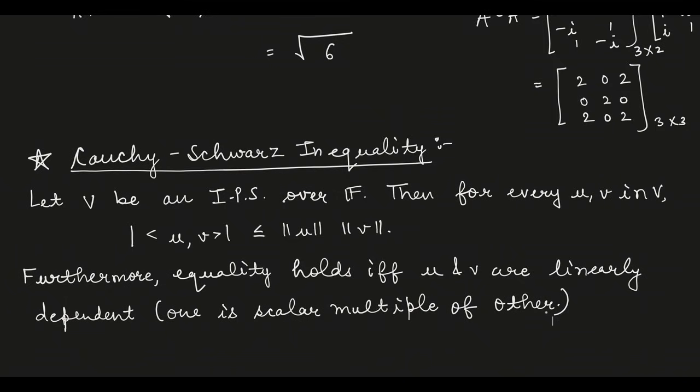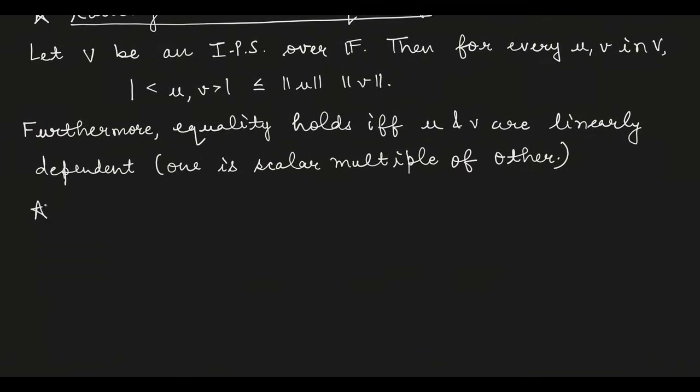Now the next definition is orthogonal set. Do you remember the definition of orthogonal set or orthogonal vectors? Yes, dot product is 0.